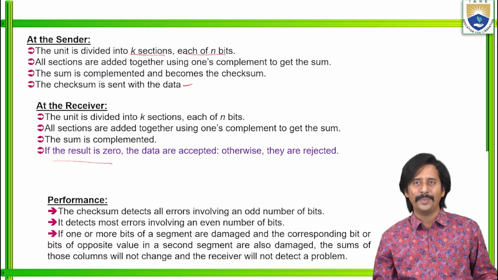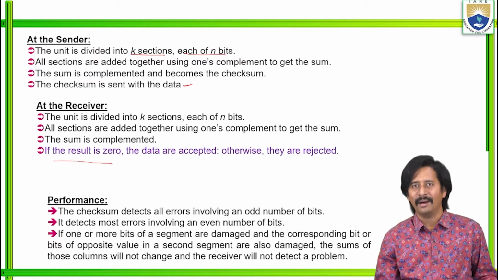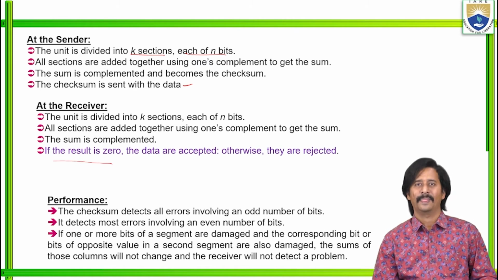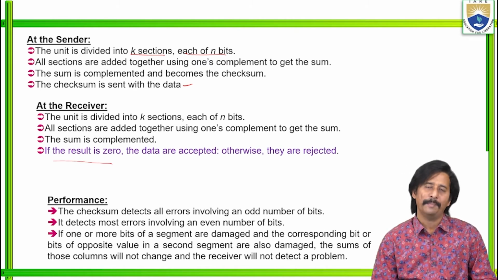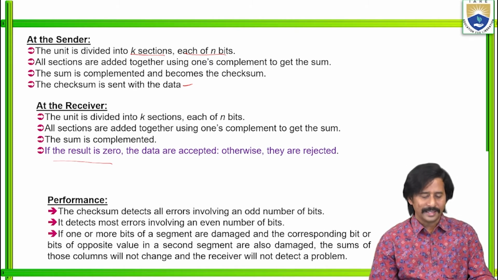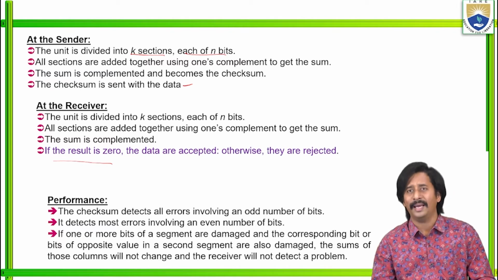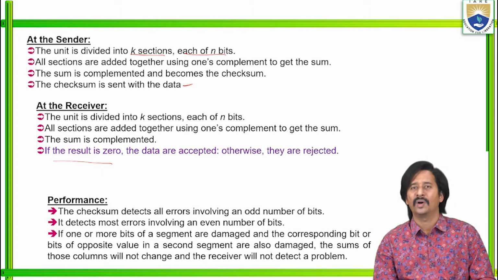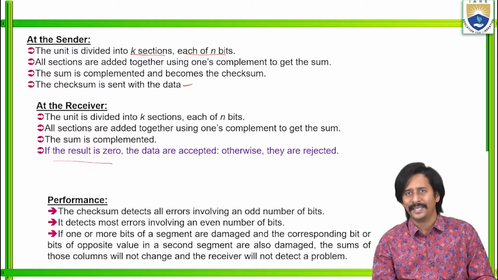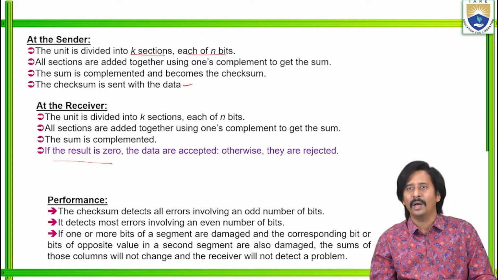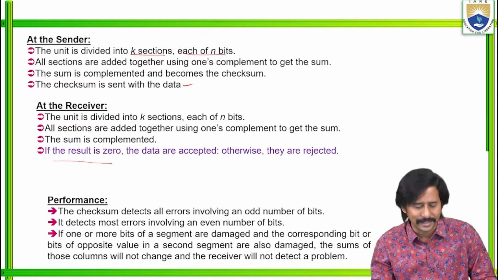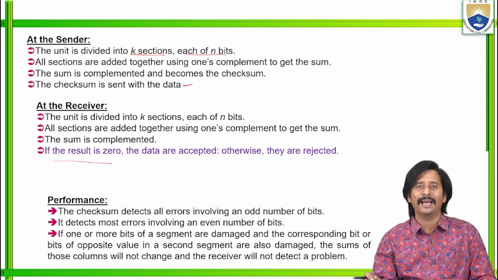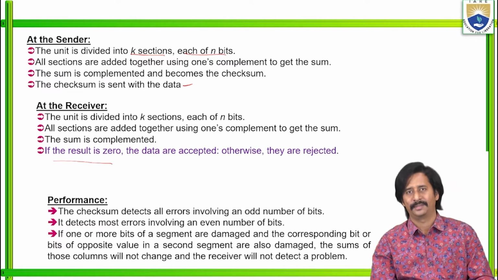If anything is mismatched, then they are automatically rejected. According to the performance metric, the checksum detects all errors involving an odd number of bits, and it also detects errors involving an even number of bits.